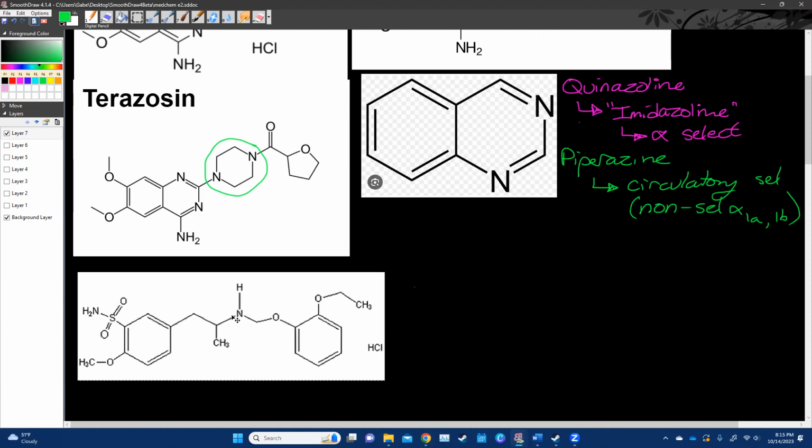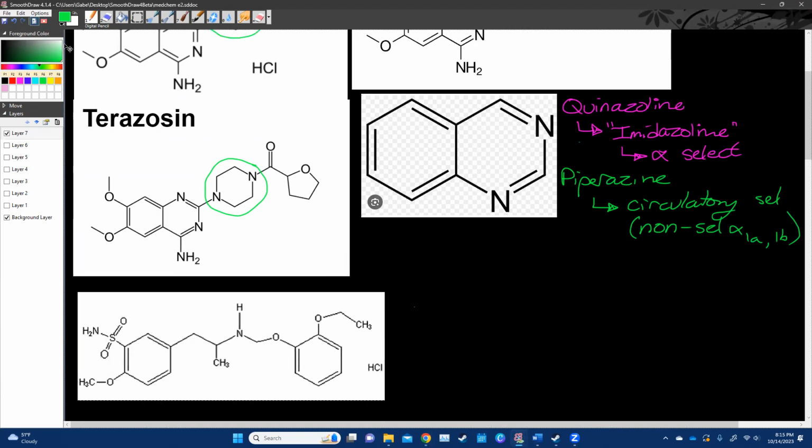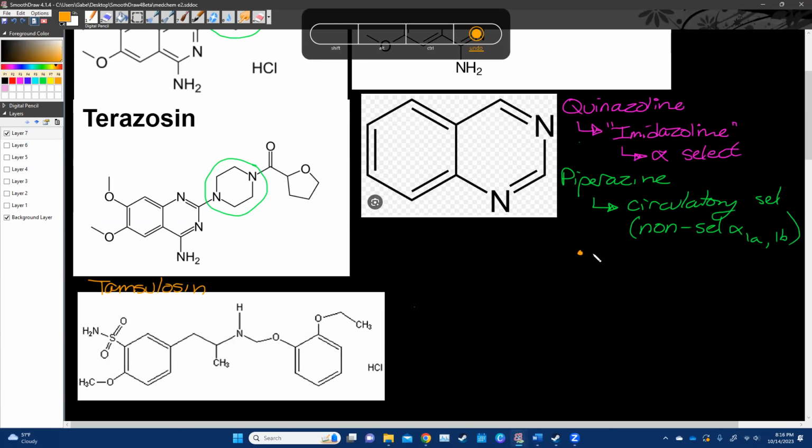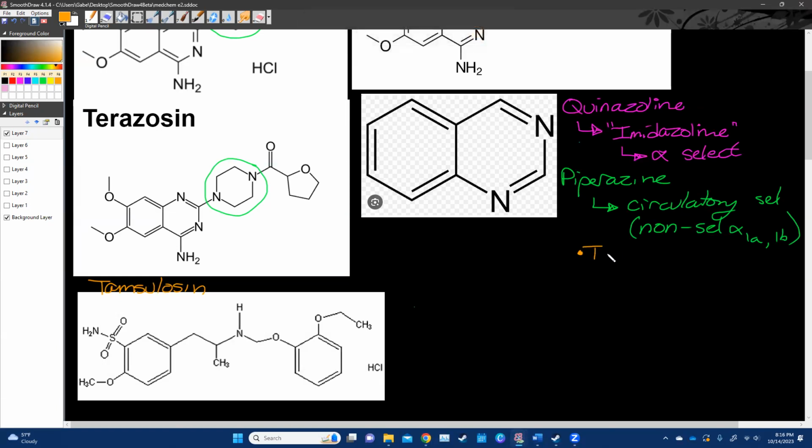When we look at a drug like tamsulosin down here, does tamsulosin have the piperazine ring? No, it doesn't, right? So tamsulosin, because it lacks that piperazine ring, makes it alpha 1A selective, which is why it's preferred for the prostate.